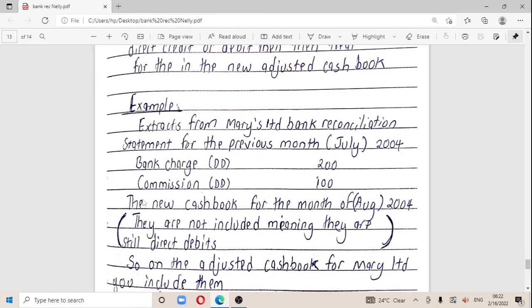When your question gives you a new cash book for the month of August 2014, you look through it, and you find that it doesn't have the direct debit, that is, by looking on the credit side of this cash book, you don't find these two items there, so they are not included, meaning they are still direct debits.